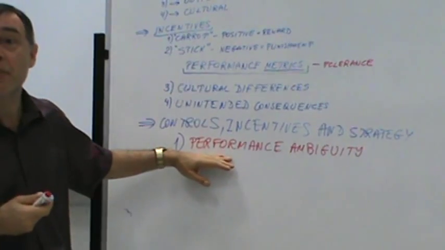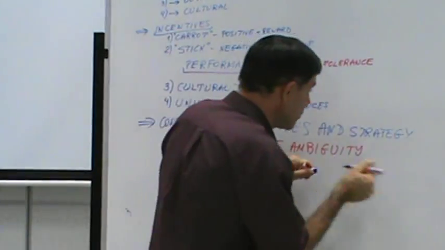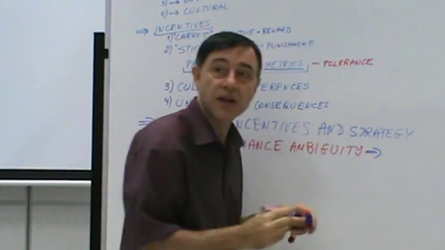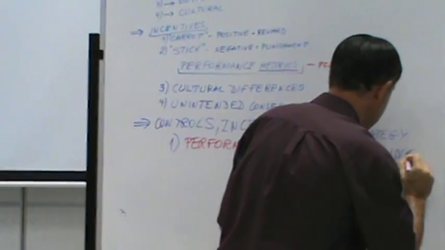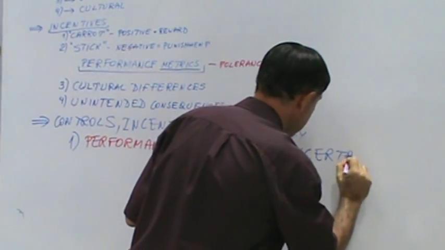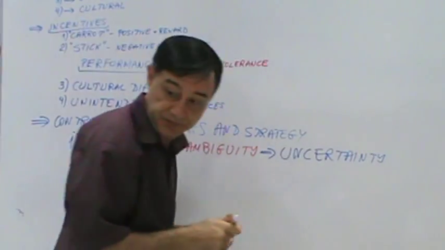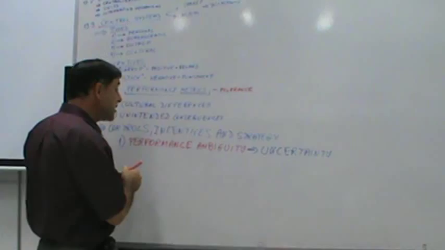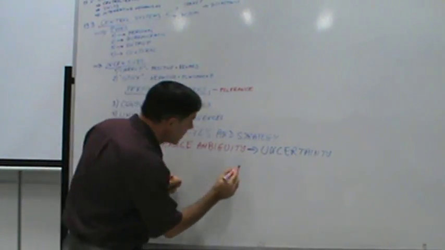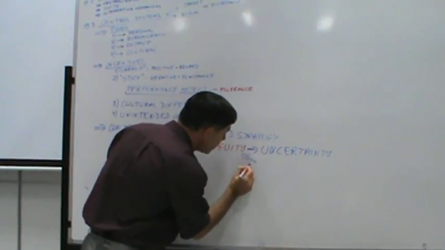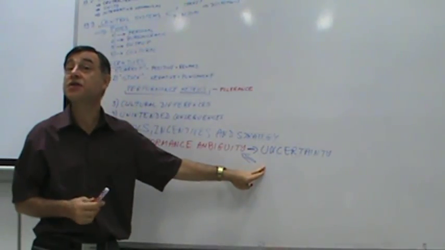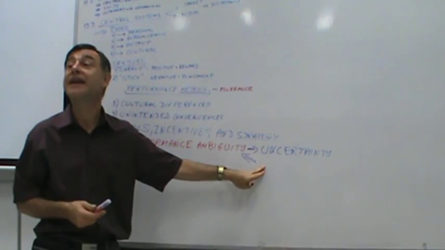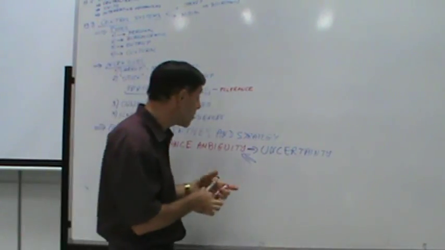So, performance ambiguity introduces basic uncertainty. And it is usually caused by interdependence.